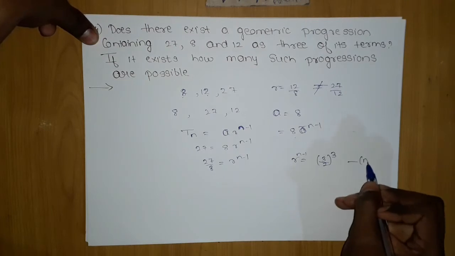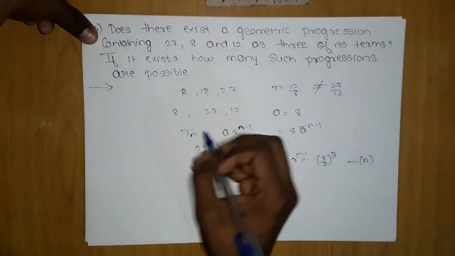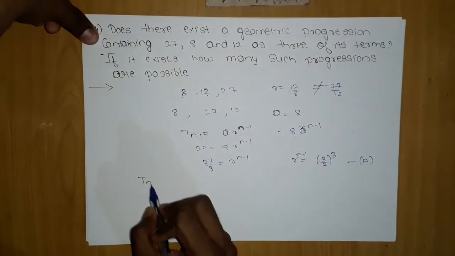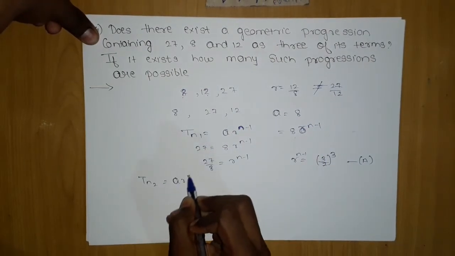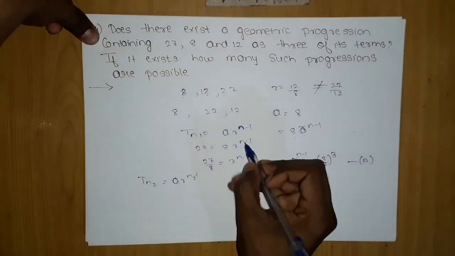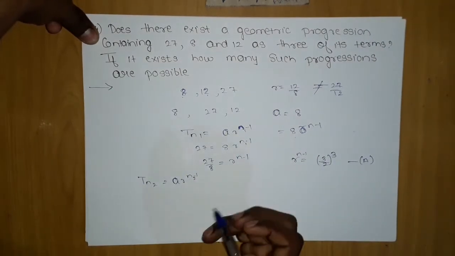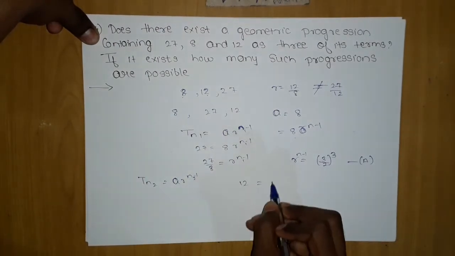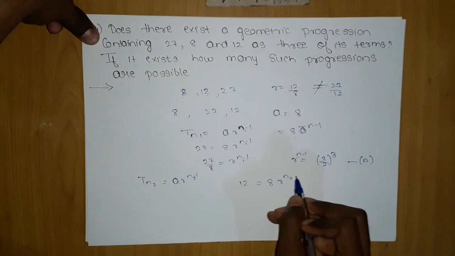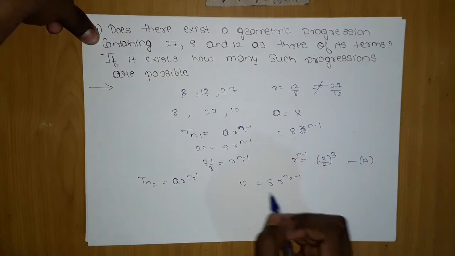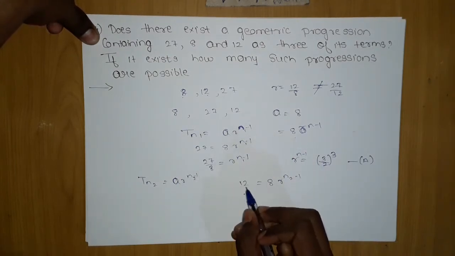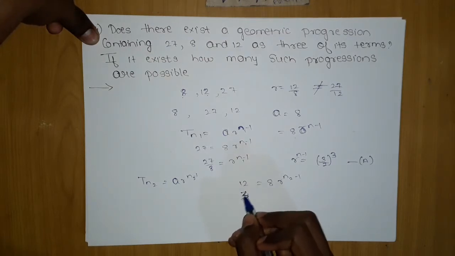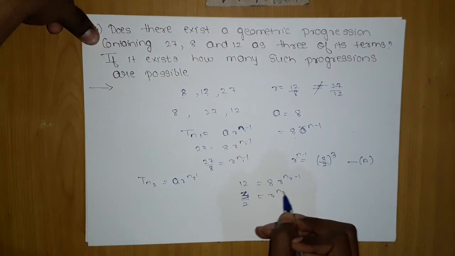Considering that as the first relation, similarly if I say this is some n1 and this is some n2, it is nothing but A r to the power n2 minus 1. Now if I put the values, I have 12 and 8, and r to the power n2 minus n1.